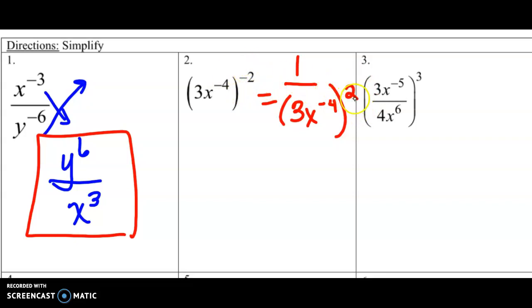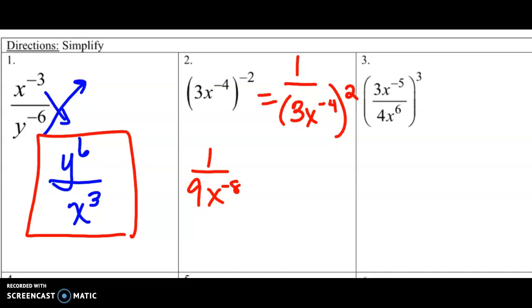Now we're going to actually work on squaring everything inside the parentheses, which would give you 3 squared would be 9. X to the negative 4th would be x to the negative 8th, because you have x to the negative 4th and another x to the negative 4th, which would be negative 8.